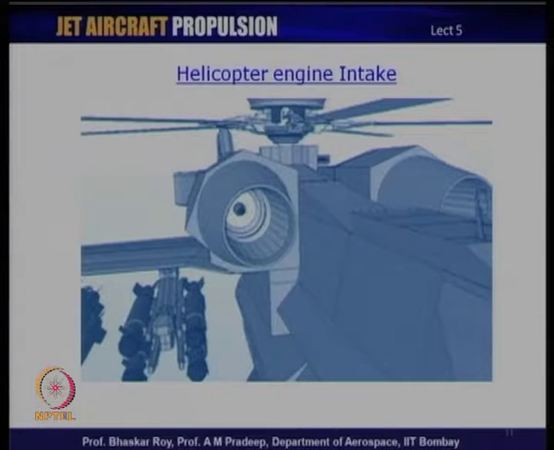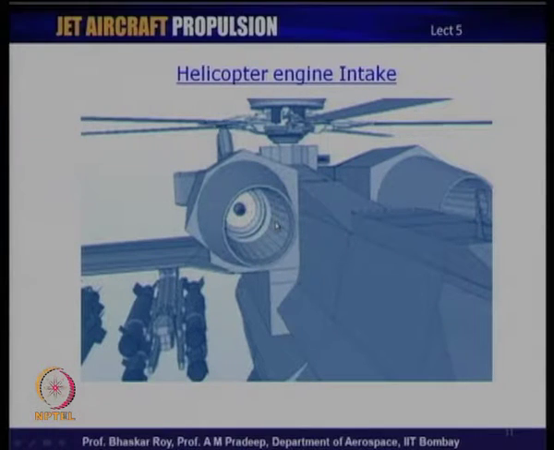This is the kind of helicopter engine that you see in a helicopter. These are the rotors that I was talking about. These rotors are very big and they are fixed here with a very strong mechanical fixing arrangement. Some of these rotors could have a variable pitch arrangement, which we may talk about separately, and these are the intakes to the engine.